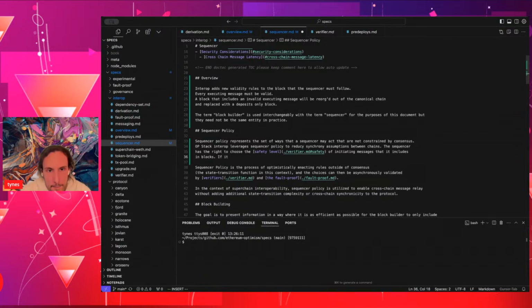Sequencer policy represents a set of ways that a sequencer may act that are not concerned with consensus.